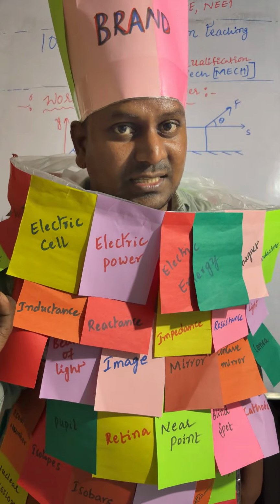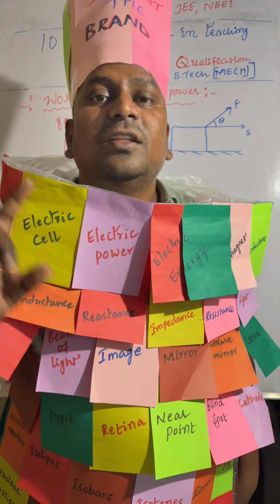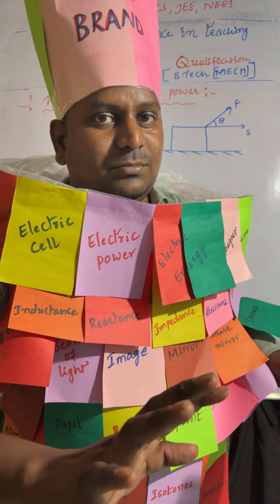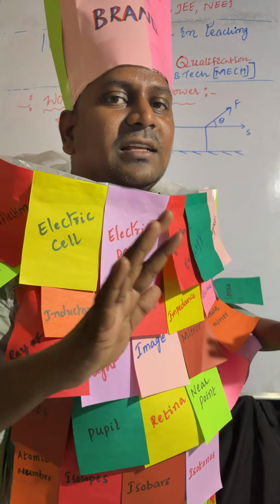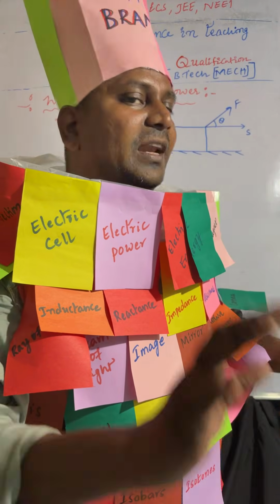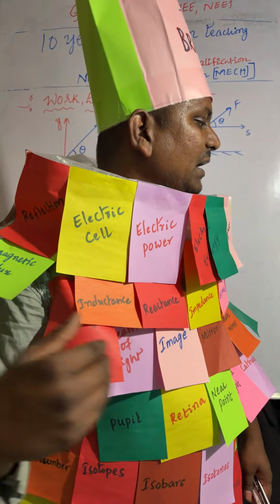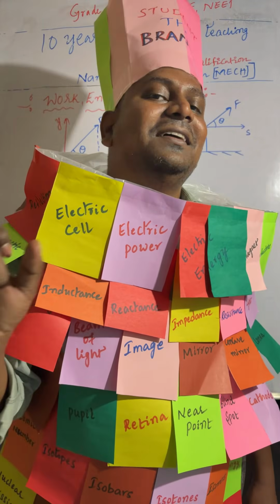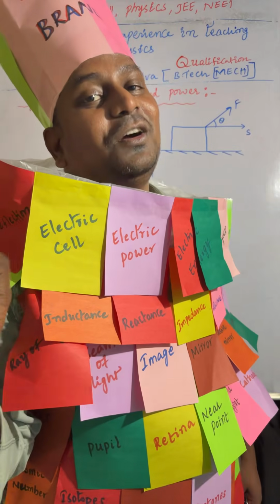But here, when we apply force, the object is moving along the x direction. When you push the table, you are not pushing straight, you are pushing with a certain angle along the x-axis. So F cos theta is the horizontal component responsible for the movement of the object.